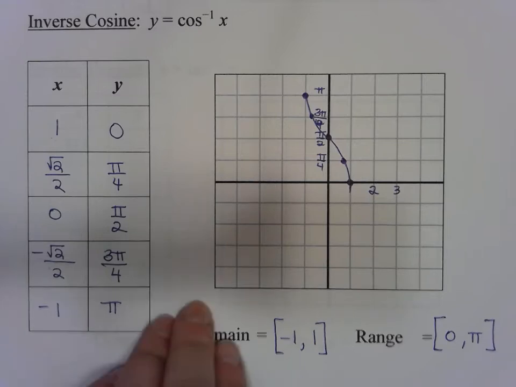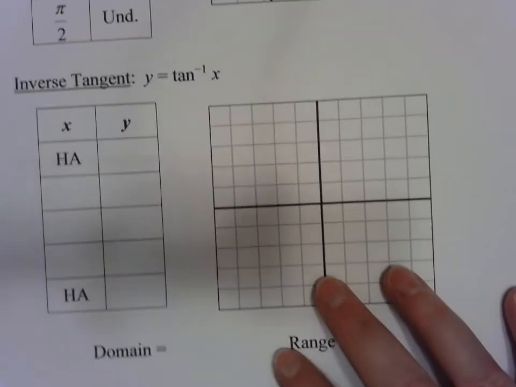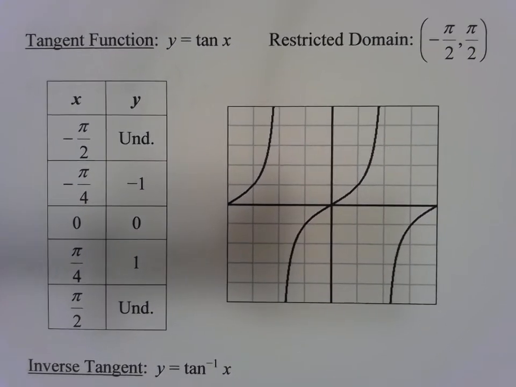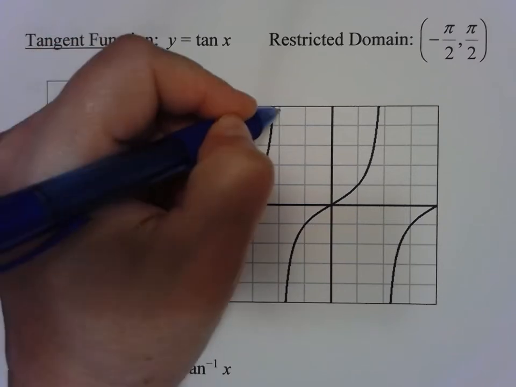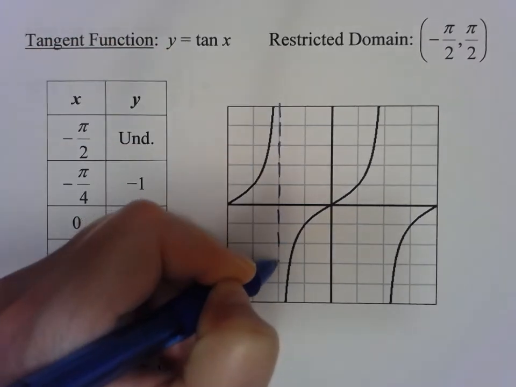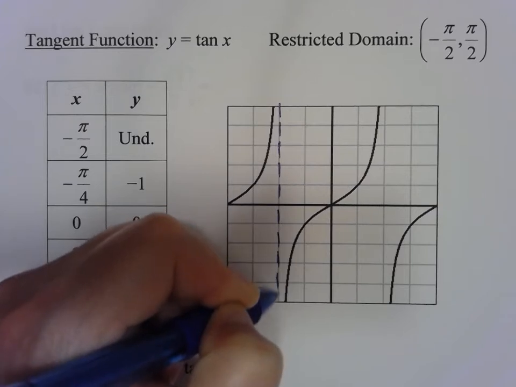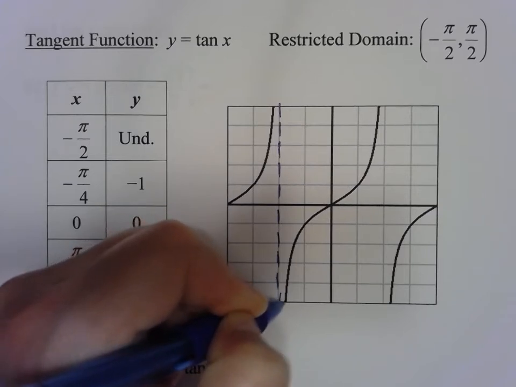All right, let's look at the tangent. So here's the graph for the tangent. We also have some asymptotes in here that were kind of hard to type in, so I'll add them in right now.